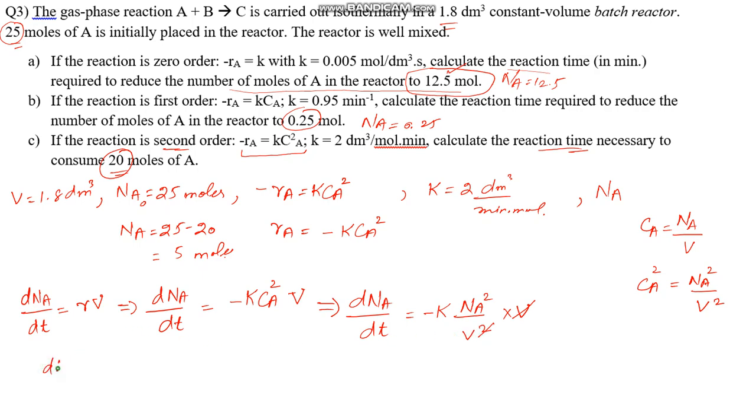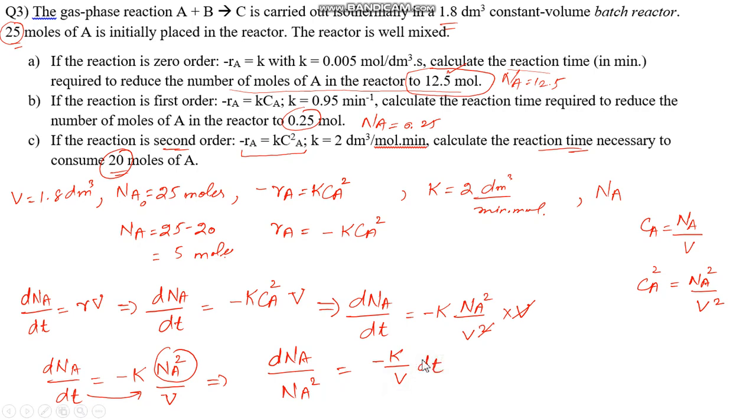So what will be its form? dNA by dt is equal to minus K Na square by V. So you need to solve this differential, just separate the variables. It will be dNA, take Na square to the other side, and this dt to the other side, and it will be equal to minus K over V multiplied by dt.